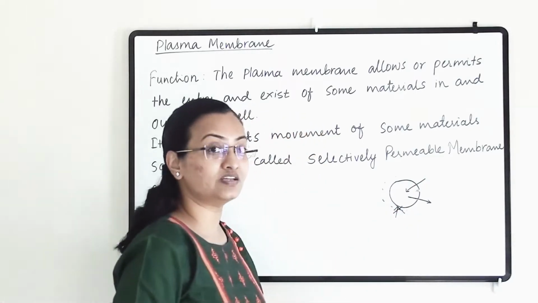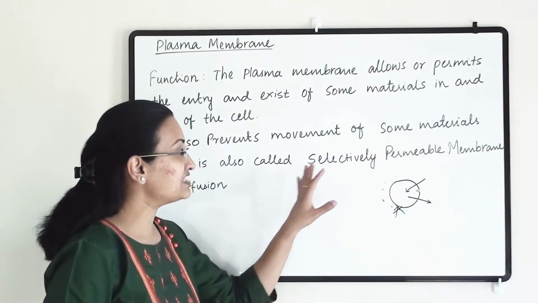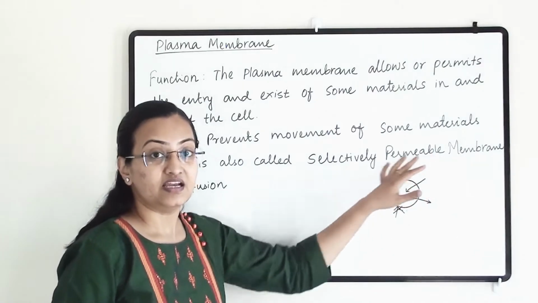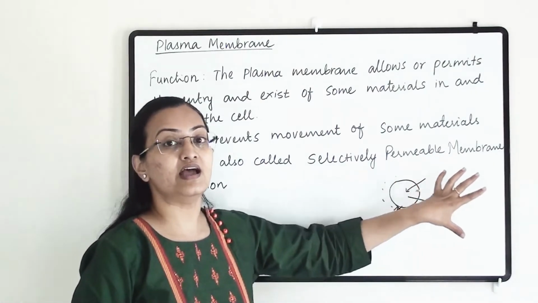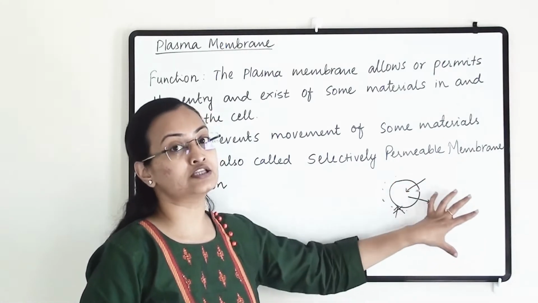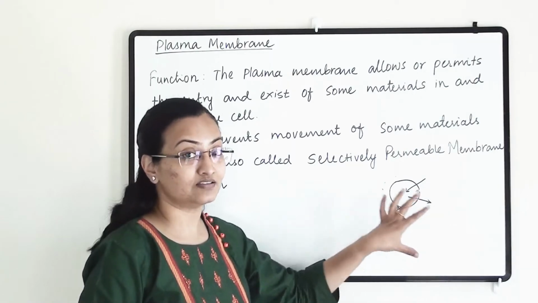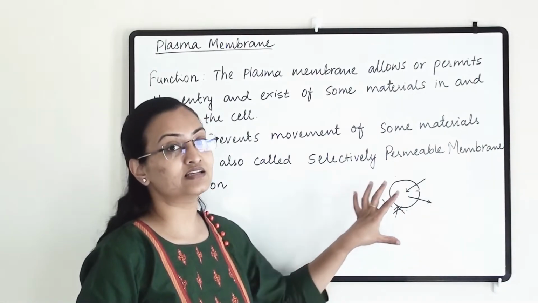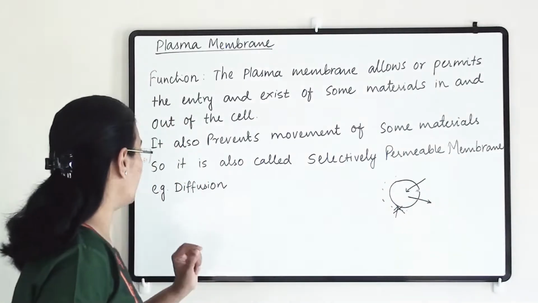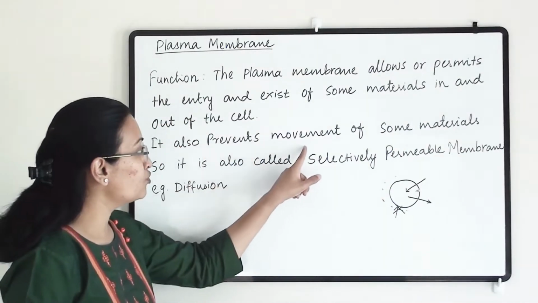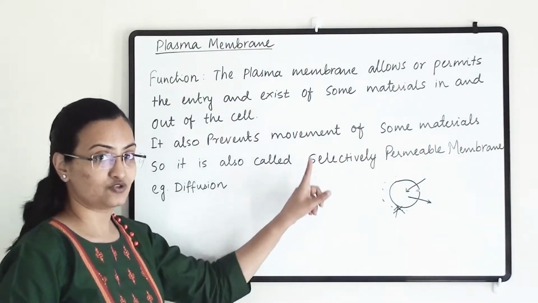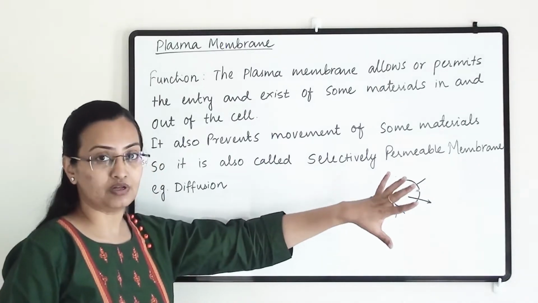So that's why it is known as a selectively permeable membrane. It will select and allow the entry and exit of the material. It also prevents movement of some material.